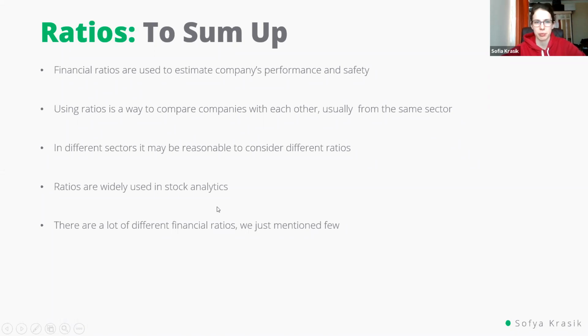And in different sectors, it may be reasonable to consider different ratios, because sometimes, just because of the nature and specifics of the business in a specific field, it may affect the ratio, and it would not be reasonable to compare companies from different fields, because they may not be comparable at all.